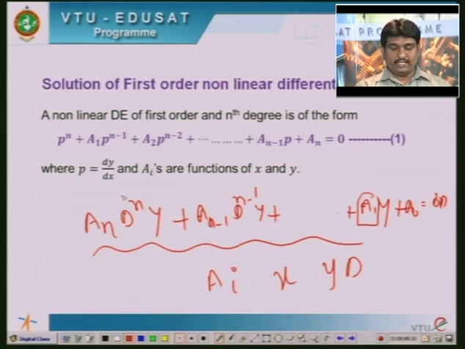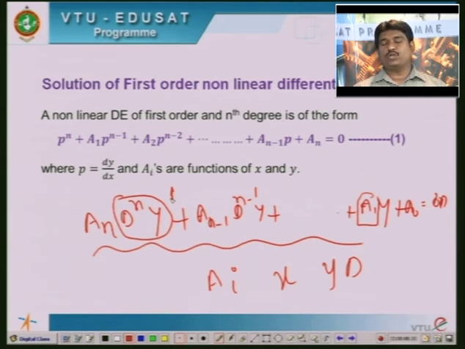This is the nth derivative, but the degree is still 1. Even if all ai's are constants or functions of x, this equation still becomes non-linear if the degree is more than 1.